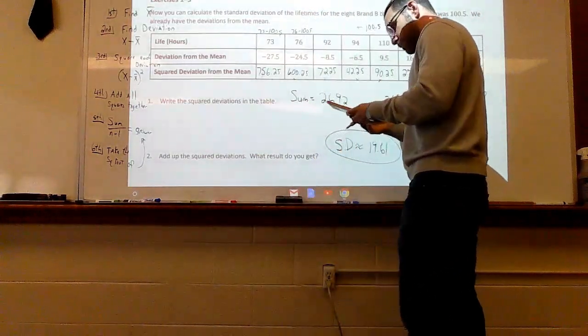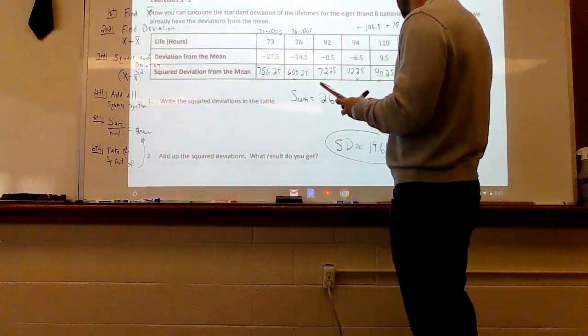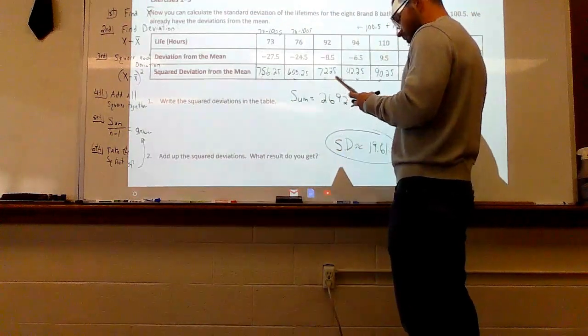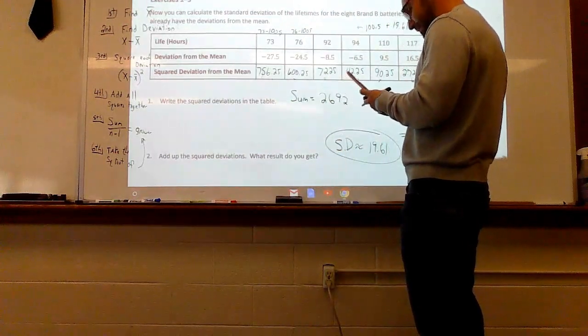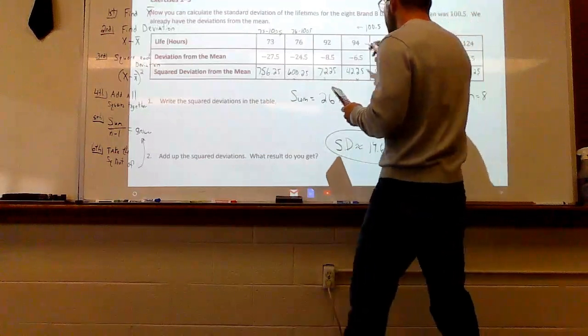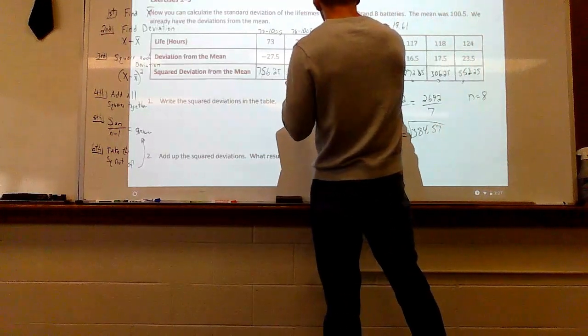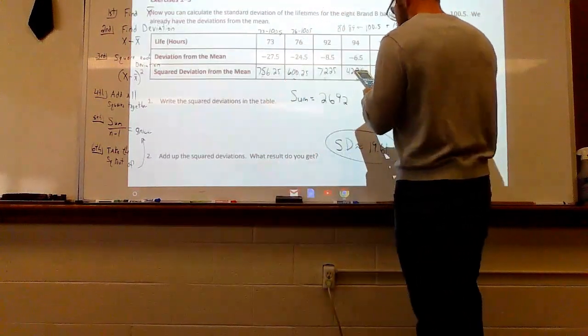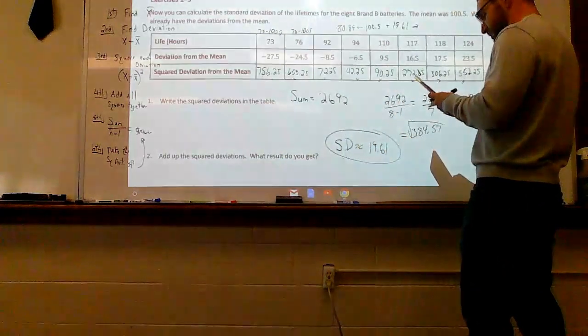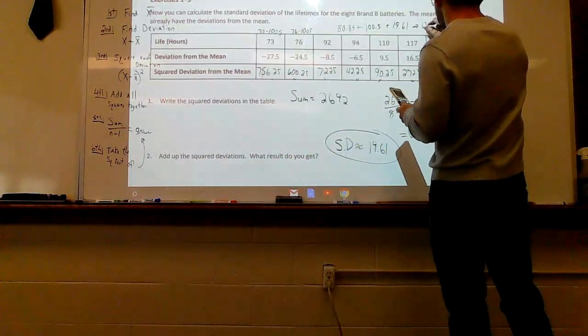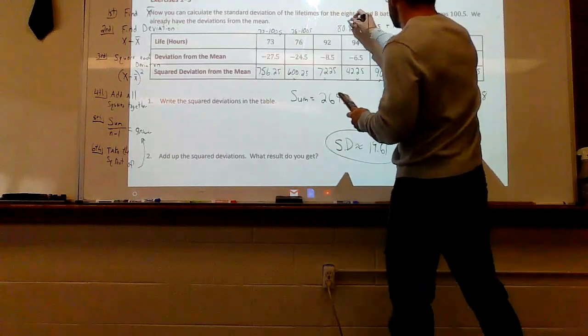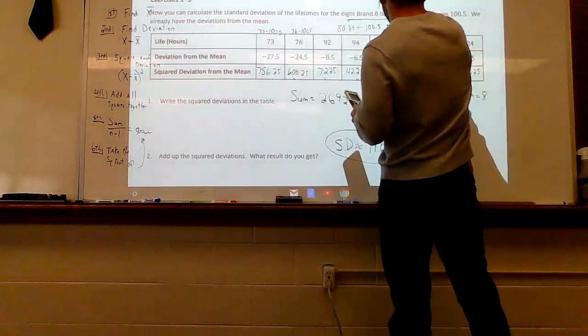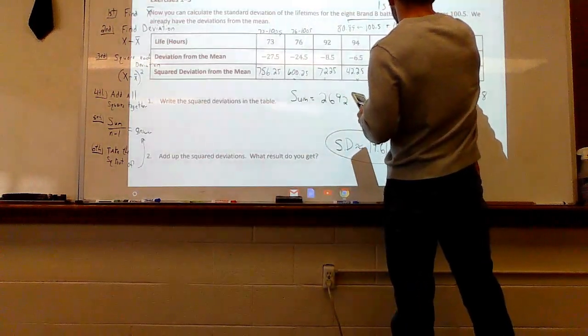So if I do 100.5 minus 19.61, that puts me down to 80 and 89 hundredths. So 100.5 plus 19.61, 120. So this is considered one standard deviation.